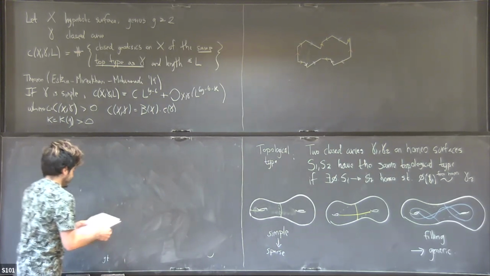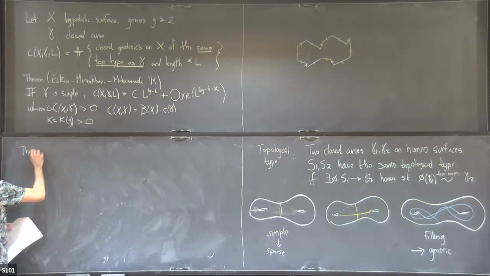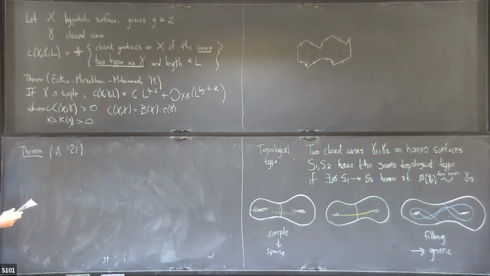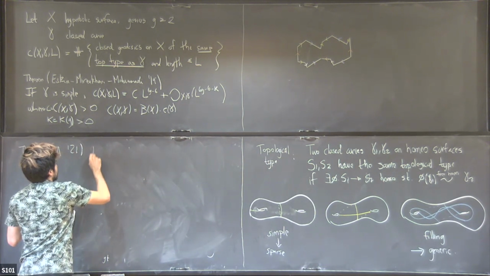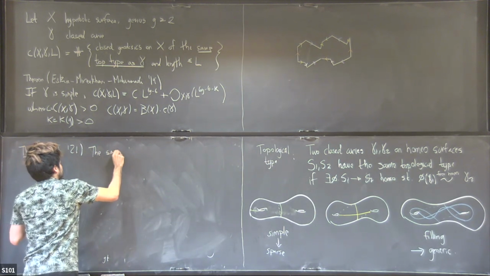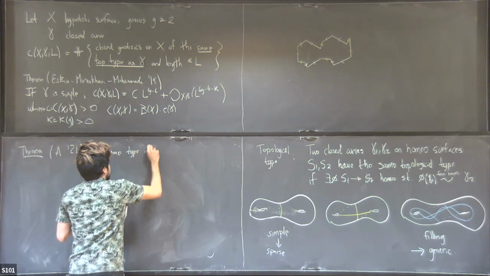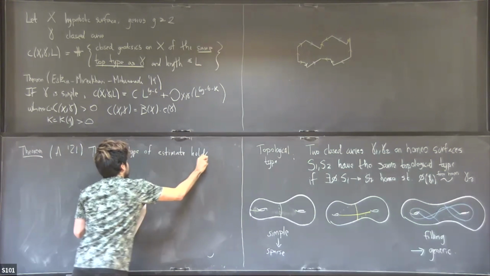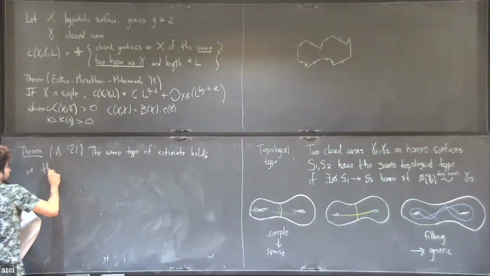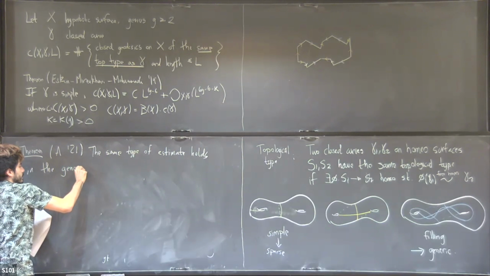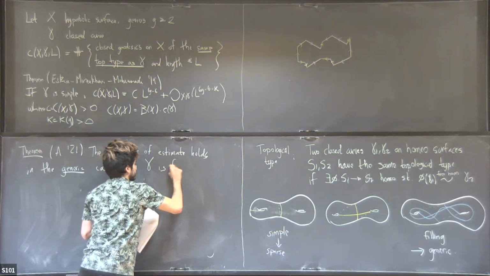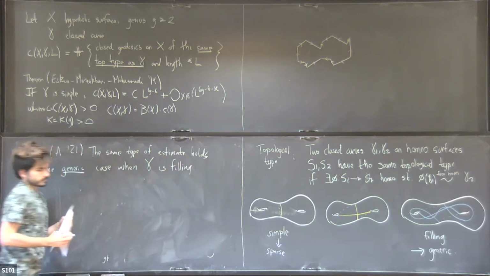So here's a theorem of mine. The theorem is that the same type of estimate holds in the generic case, and this is what I want to highlight, when gamma is filling.